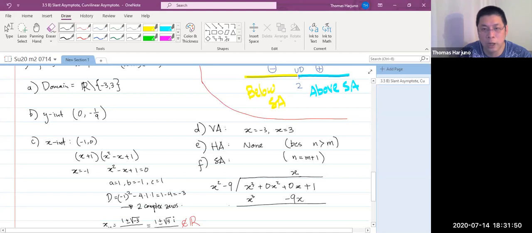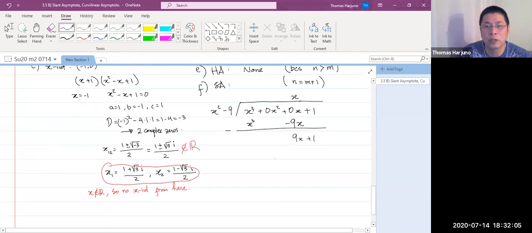When I subtract, I get 9x plus 1, whose degree is already less than the divisor, so we can stop there. So the slant asymptote is y equals x only, the quotient without the remainder.